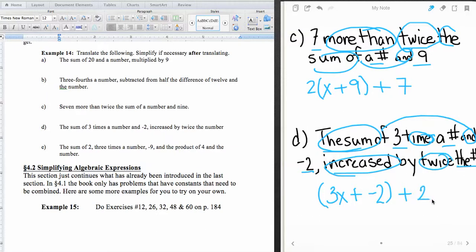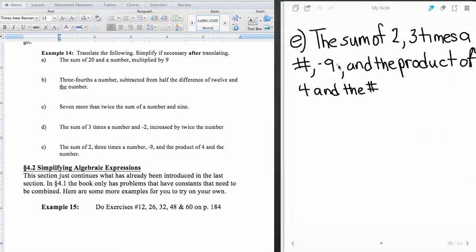So that means 2 times the number, and we have unspoken parentheses when we write a 2 next to the x. And finally, our last one here, we have the sum of 2, comma, 3 times a number, comma, -9, and the product of. Well, this sum of, and these commas right here, each and every one of these commas are actually ands.